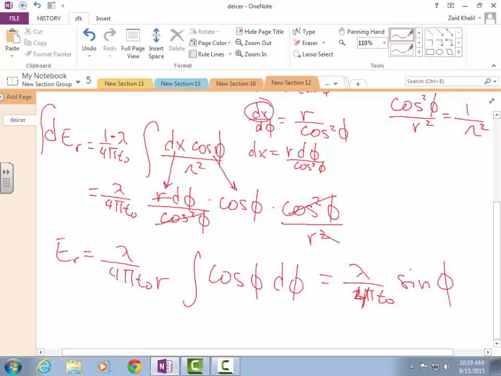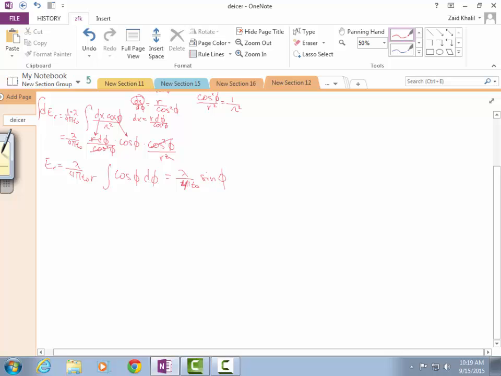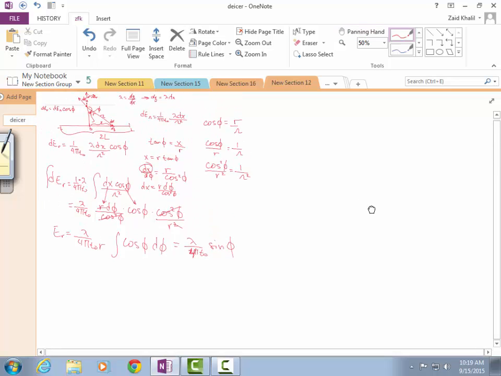So now, do you really want to do things in terms of phi? The limits of integration? And the answer is no. And the question is why? What do you really see this whole problem in terms of? If we go back to the original problem, what are you actually integrating over?